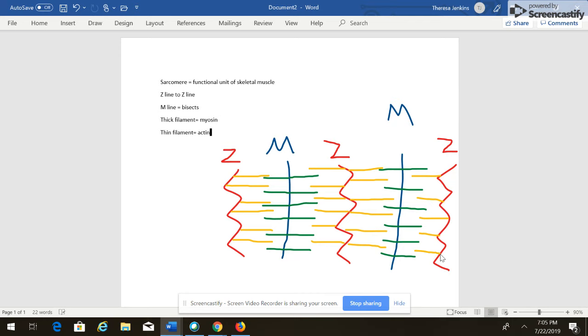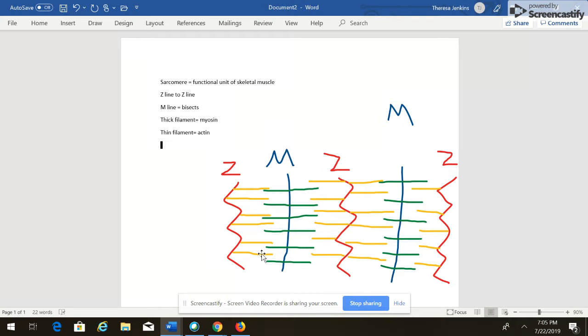All right, once again: sarcomere, Z to Z, M line bisects, myosin thick filament, actin is a thin filament. Okay, what's next? We were just talking about these overlapping segments of actin and myosin. This region where the actin and myosin overlap is called the A band.